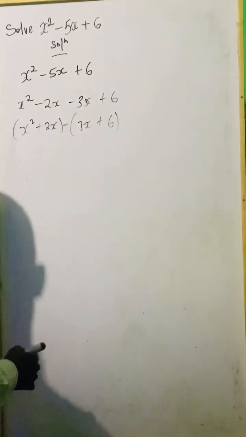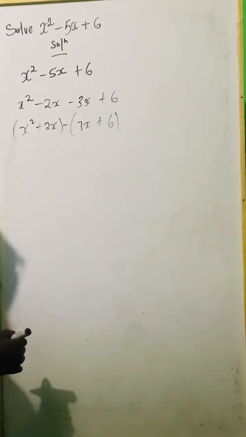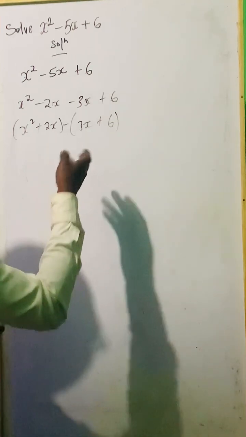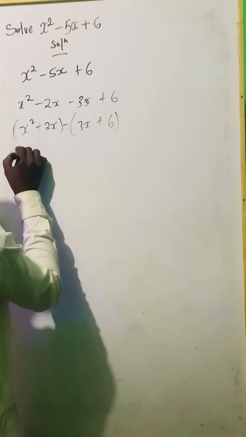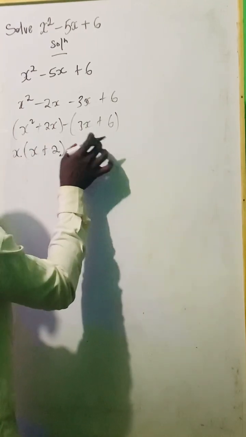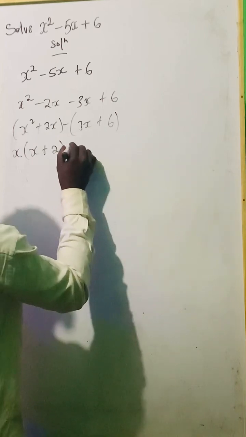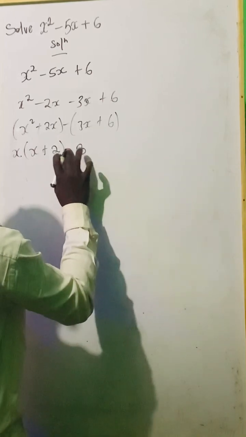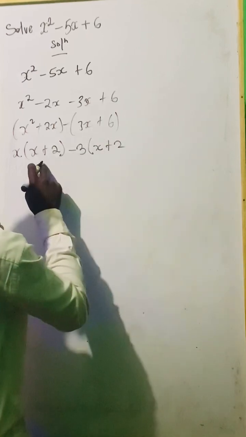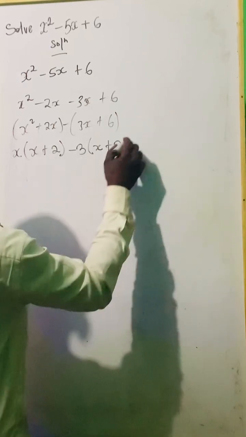Let's go ahead and factorize it here. We can now factorize, right? Here we have x out, x plus what? 2. Here 2, we expect it to be the same. So minus 3, bracket open, x plus 2. When you multiply inside, you're going to get 6.